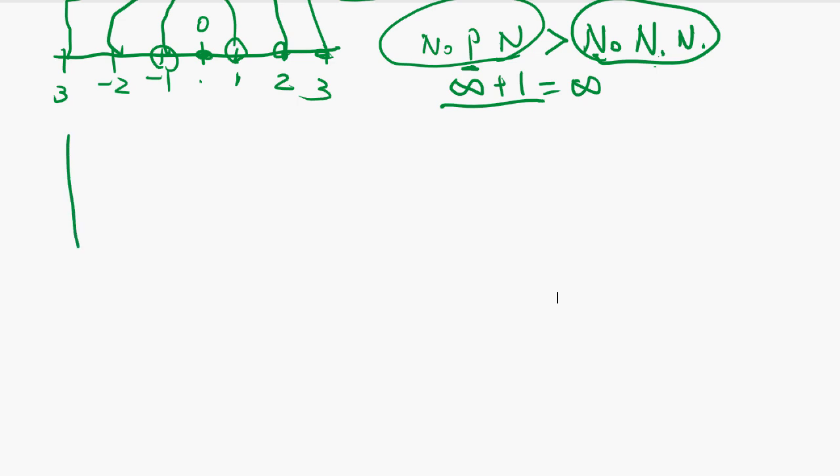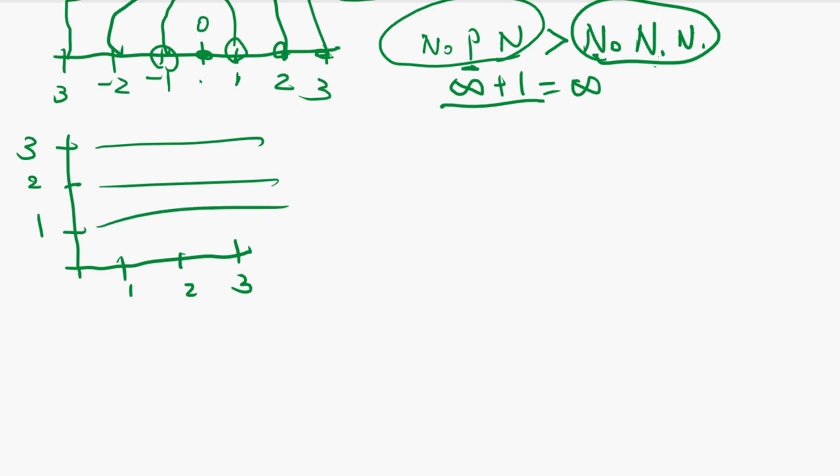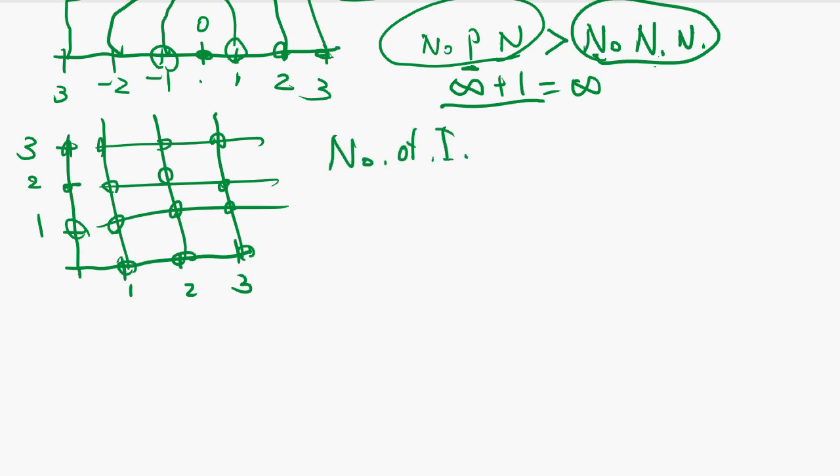Let's expand this idea, right? 1, 2, 3, 1, 2, 3. You have an intersection. Okay, so the number of intersections here, and the number of positive integers, which is this guy, this guy, this guy, which is larger?